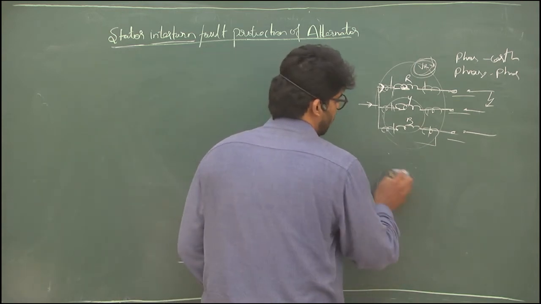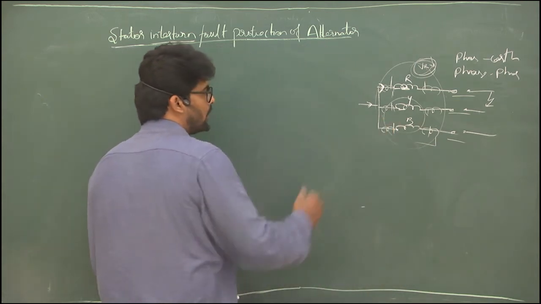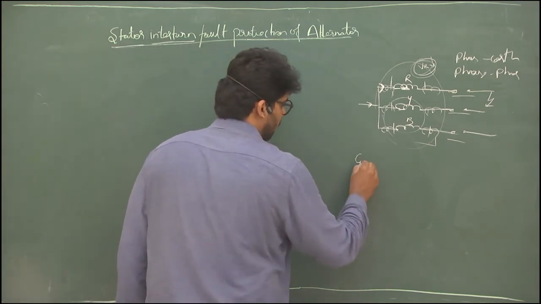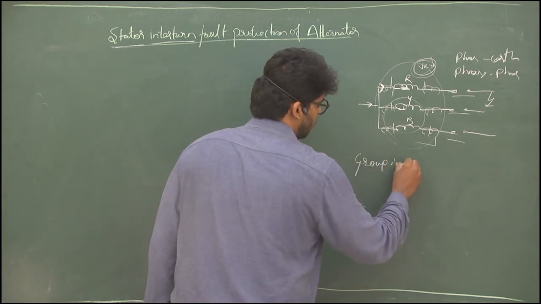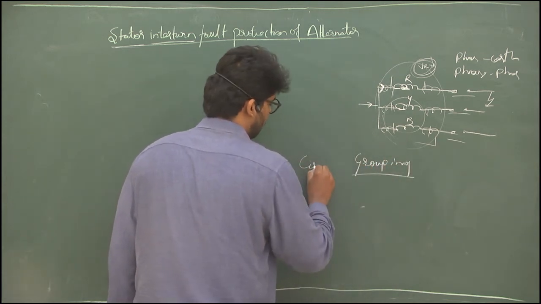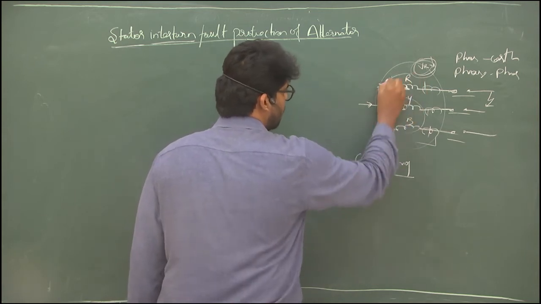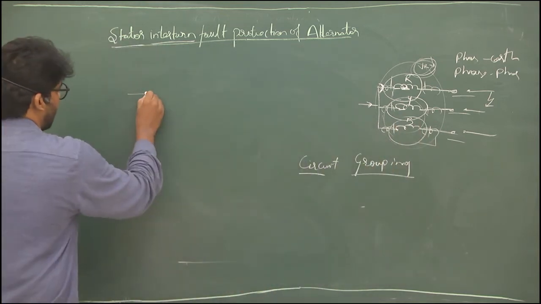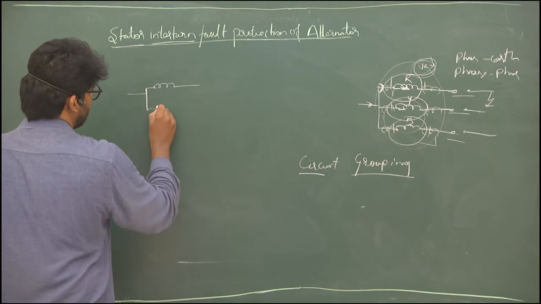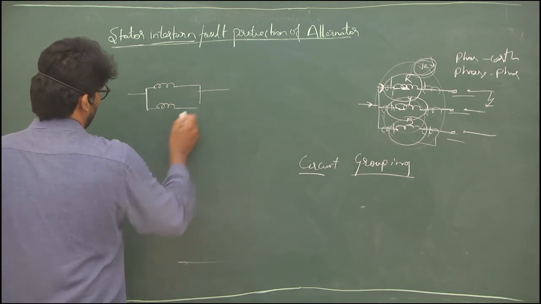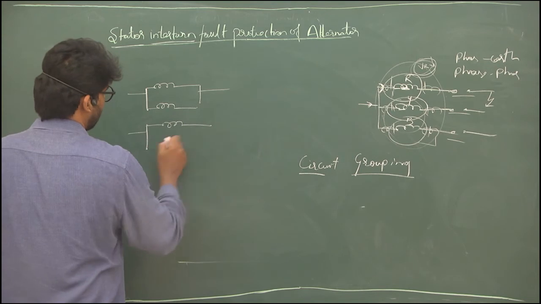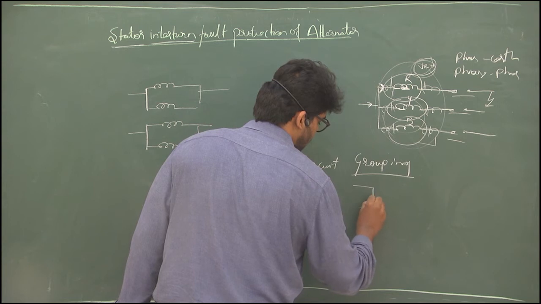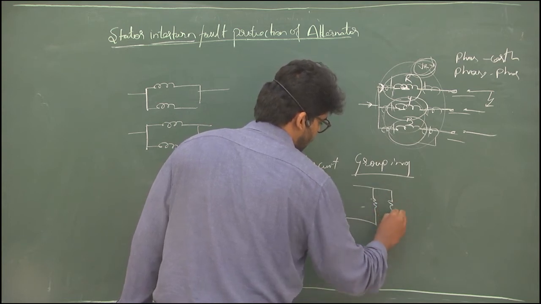So for protection of this type of fault, we go to circuit grouping. We take these individual phases into groups. For the R phase we'll divide the winding like this, and for the B phase also we'll divide. Let us take resistance for consideration.